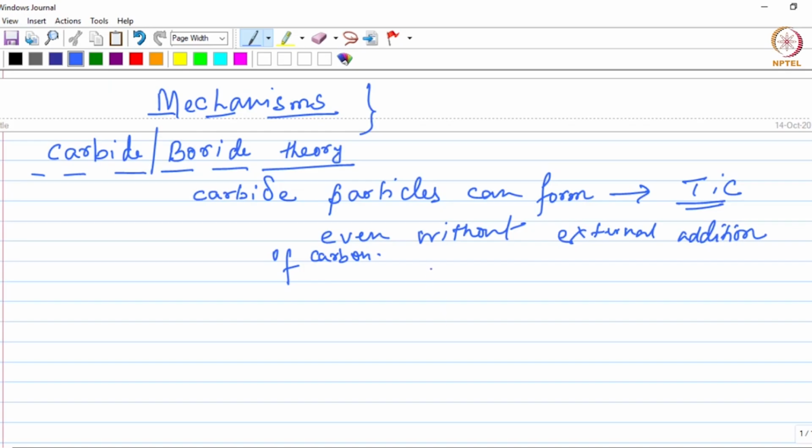So carbon, which may be present in very small amount in the range of several hundreds of ppm, is enough for formation of such titanium carbide particles.